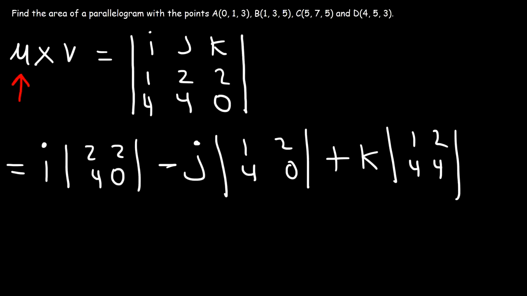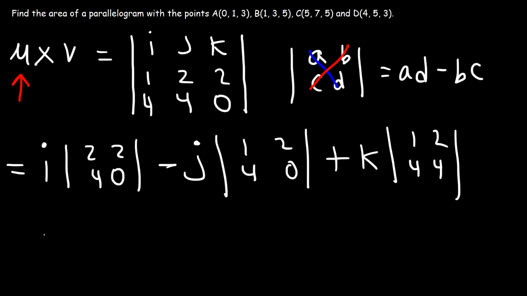Our next step involves finding the determinant of a 2 by 2 matrix. So here is a 2 by 2 matrix, and to find the determinant, it's going to be A times D minus B times C. So in this example, it's going to be i, and then 2 times 0, which is 0, minus 2 times 4, and that's 8.